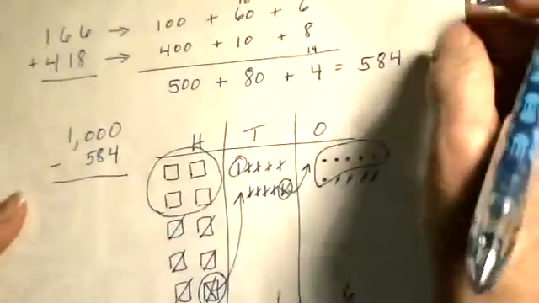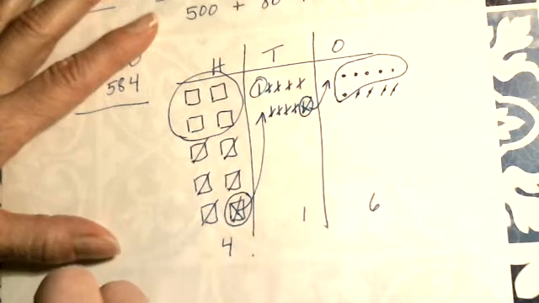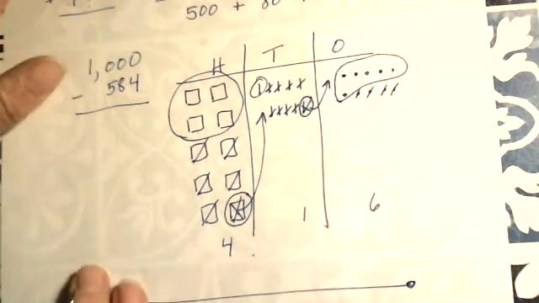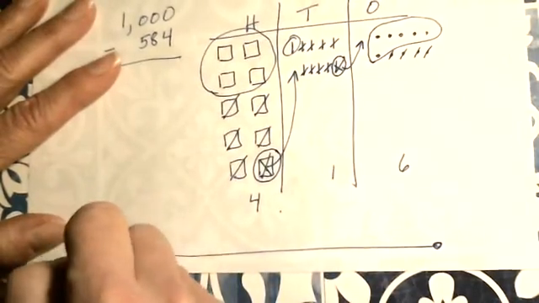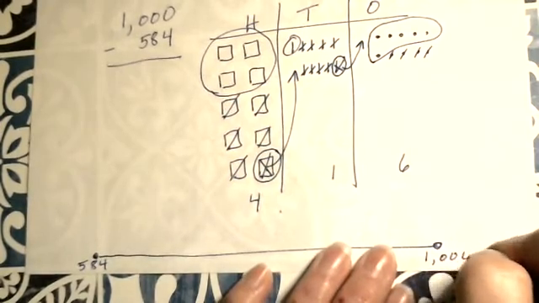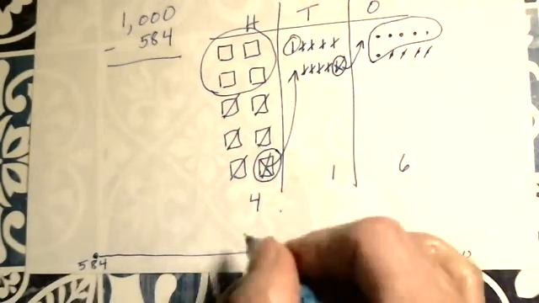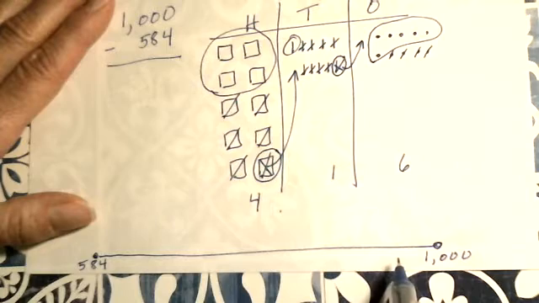I want to show you how to do that also using an open-ended number line. If I start at 584 and I have to find the difference between 584 and 1,000, I could subtract this way, but I prefer to count up.